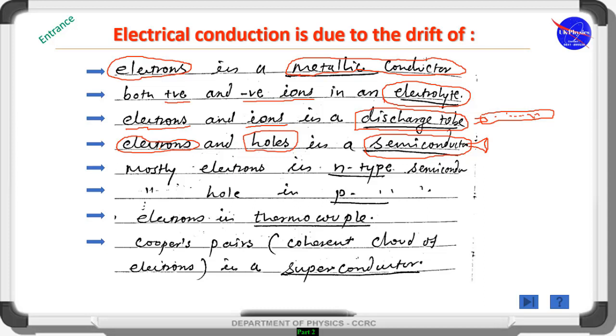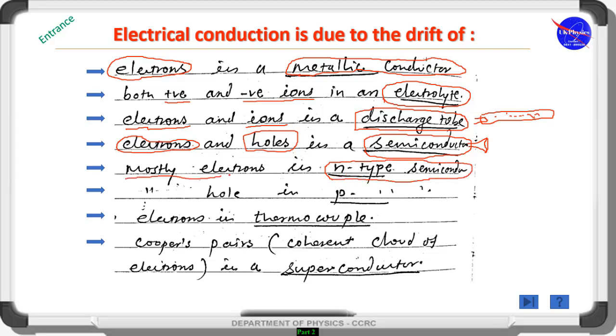Here you should remember that electrons are in actual motion, but holes are always at rest. The motion of holes is defined with respect to the motion of electrons, because electrons can actually move but holes never.